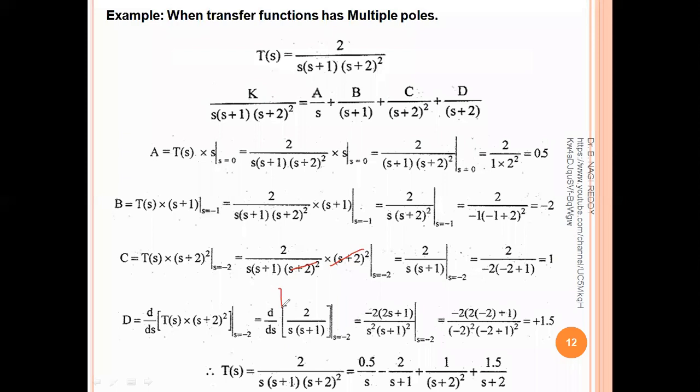So what we get is this one, which is d by ds of 2 by s into s plus 1. So we must differentiate this term before substituting the pole. Remember this, we must differentiate this equation before substituting the pole value.